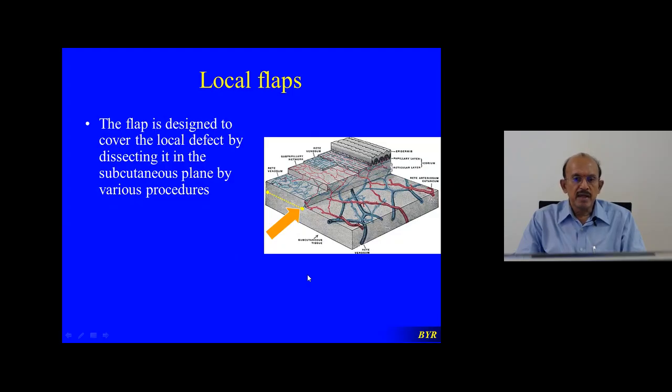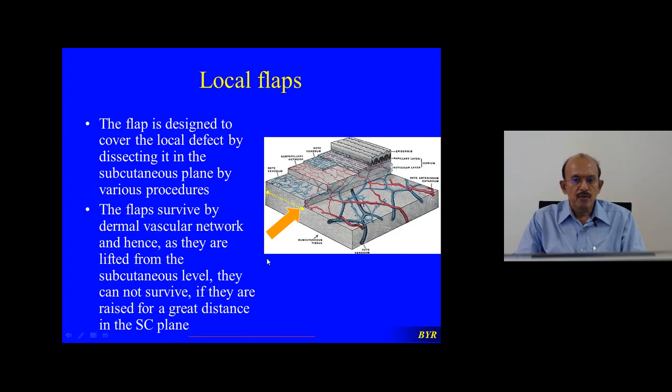The flap is designed to cover the local defect by dissecting it in the subcutaneous plane by various procedures. The flaps survive by dermal vascular network, and hence, as they are lifted from the subcutaneous level, they can survive if they are raised for a great distance in the subcutaneous plane.